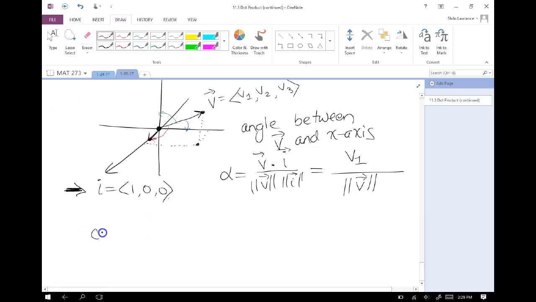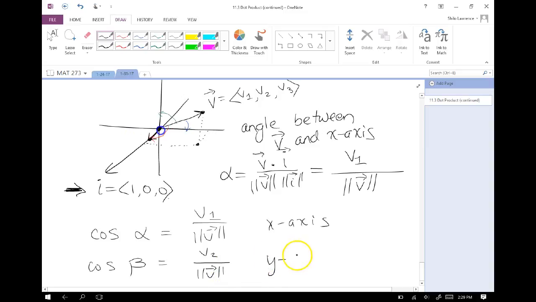So we say that cosine of alpha is v1 over magnitude of v. Cosine of beta is v2 over magnitude of v. This is our angle with the y-axis.